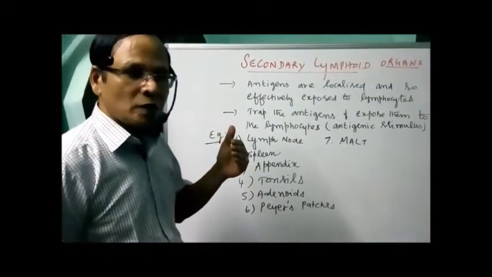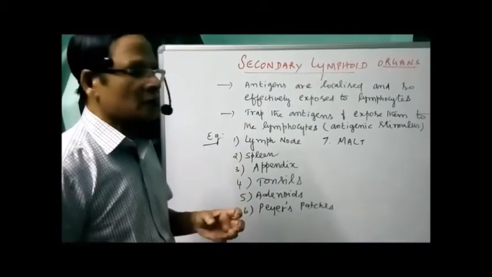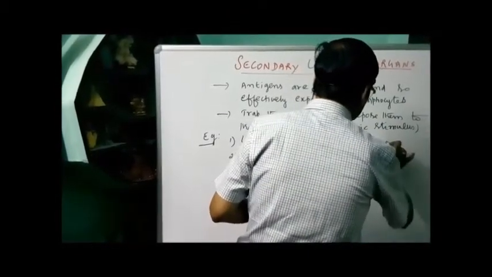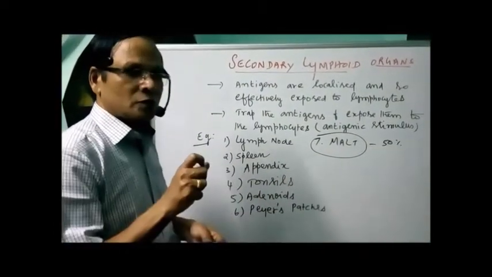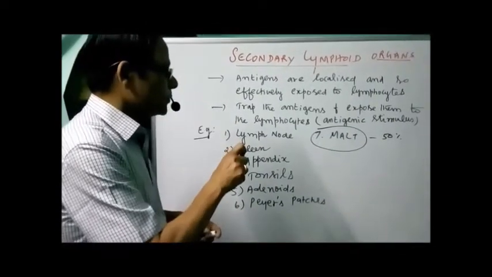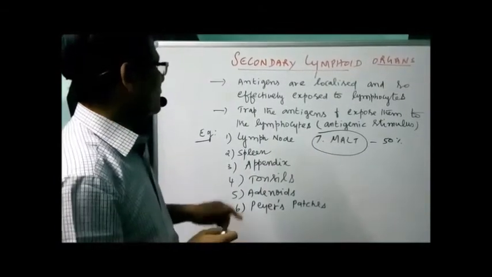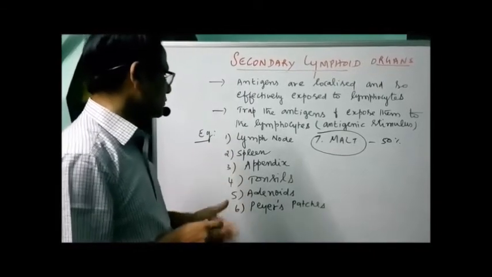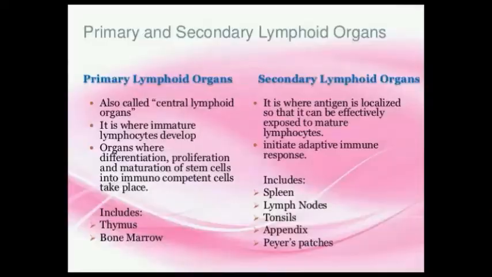Out of all the lymphoid organs and tissues, the major percentage, more than 50% of all the lymphoid tissues together, is constituted by the mucosa associated lymphoid tissue. We have to go one by one through the structural aspects of lymph node, spleen, a few words, then the tonsils, adenoids, Peyer's patches, etc.